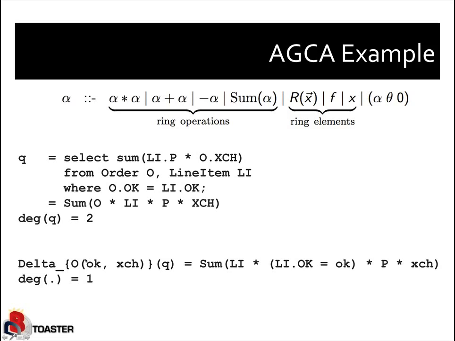I can also compute the delta, let's say for orders. As I insert a single tuple, order key and exchange rate, into orders, the delta is the following. Well, we had the definition before.